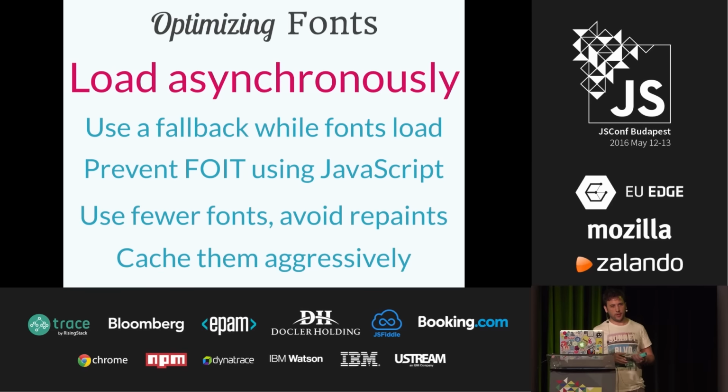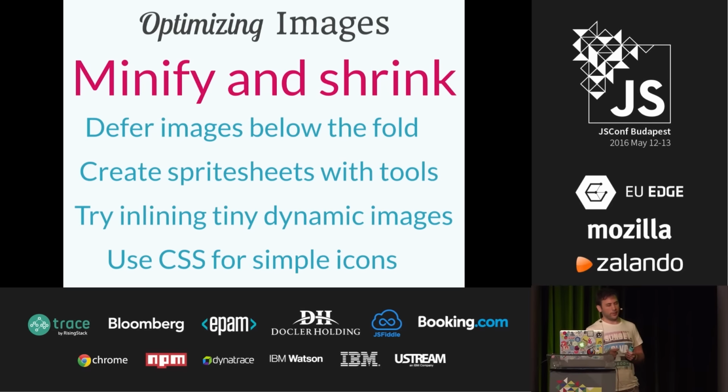And obviously cache fonts aggressively using some mechanism like local storage or just HTTP caching. When it comes to images, I think the best thing that you should do is shrinking them, because usually you have user-uploaded images that are very big, like screenshots taken on a Mac that are 4,000 pixels wide.